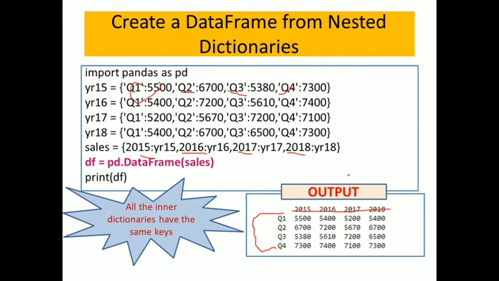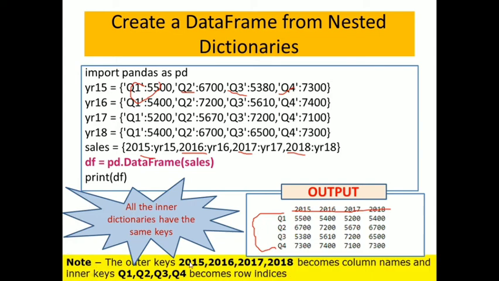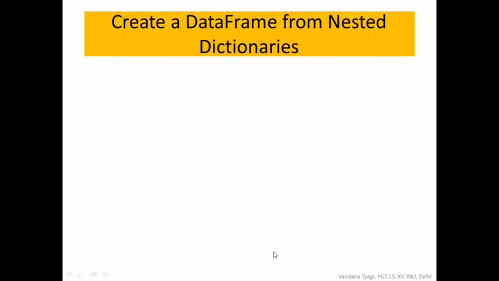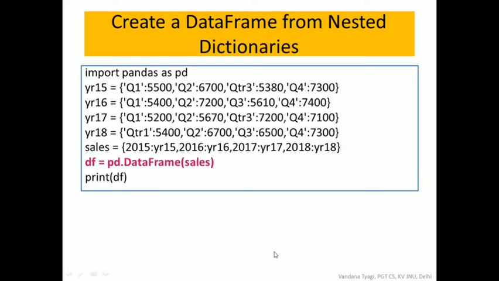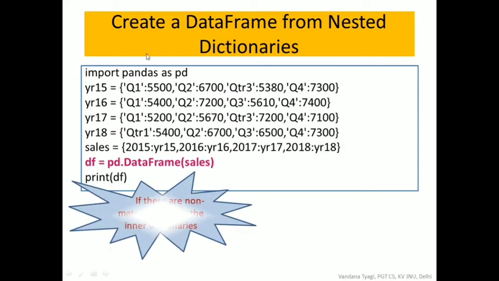So this way we can easily understand that whenever we are using a nested dictionary, the outer keys are the column labels and the inner keys are the row labels. Proceeding further, these 2015, 16, 17, 18 outer keys are the column names and Q1, Q2, Q3, Q4 are the row indexes.